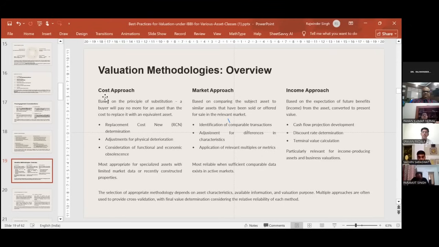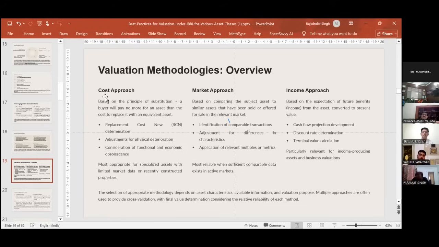And then you have to apply relevant multiples and metrics to arrive at a range of values. So from that range of values, you have to give a particular value. As we all know, this market approach does not give you a particular value. It gives you a range of values from which you have to decide on one value. So this method is reliable when sufficient comparable data exists in an active market.